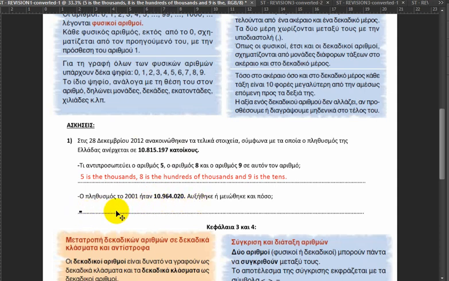So it decreased by the difference of those two numbers. And the difference of those two numbers is how much?